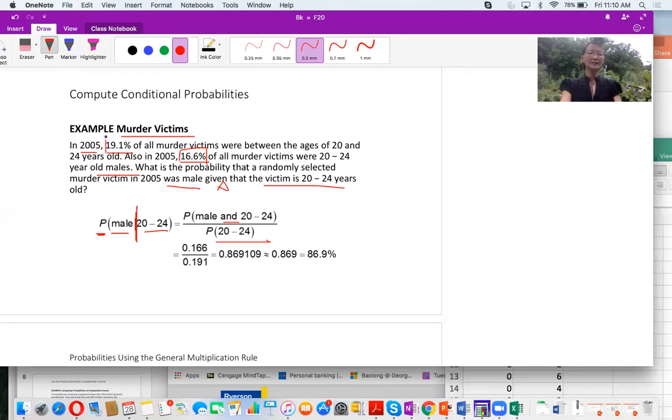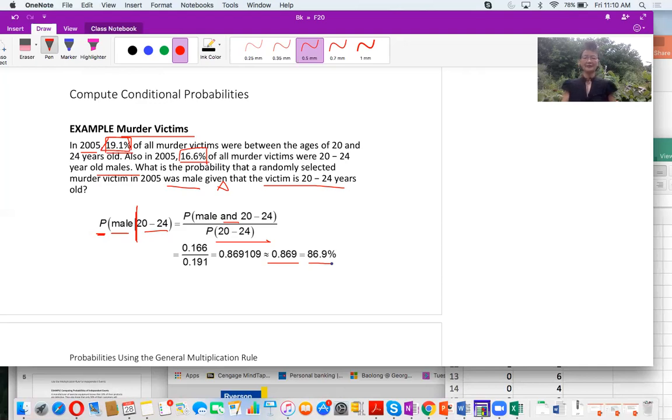Here, see? 19.1%. 19.1% are between 20 to 24 years old. Okay, and you do the division, you get 0.869 or 86.9%.